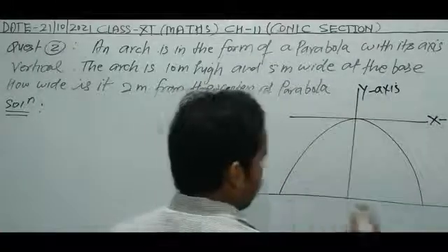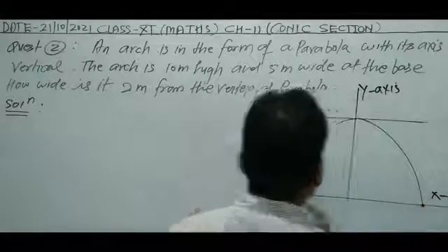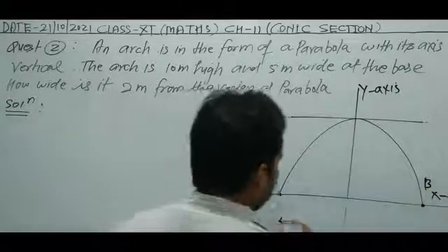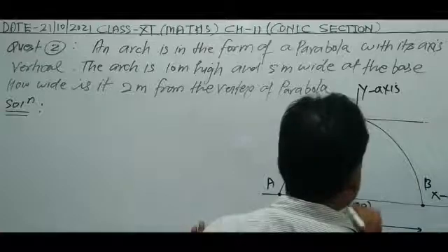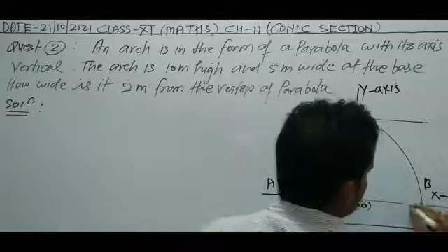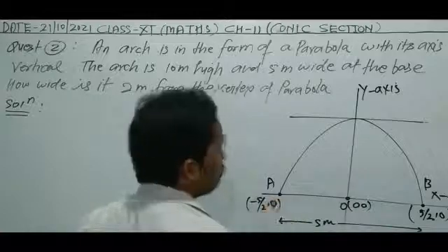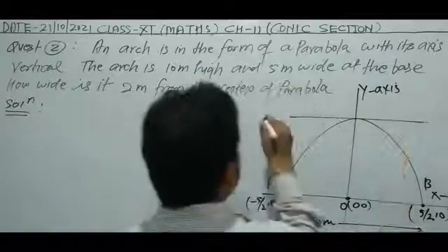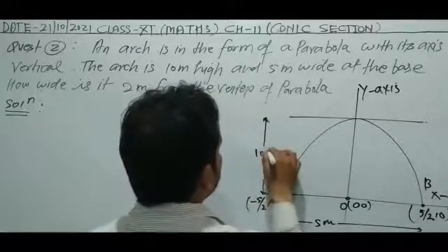This is 5 meter, and suppose these two points are A and B. When you take this point as origin, this point will be 5 by 2, comma 0, and this point will be minus 5 by 2, comma 0, and its height is 10 meter.